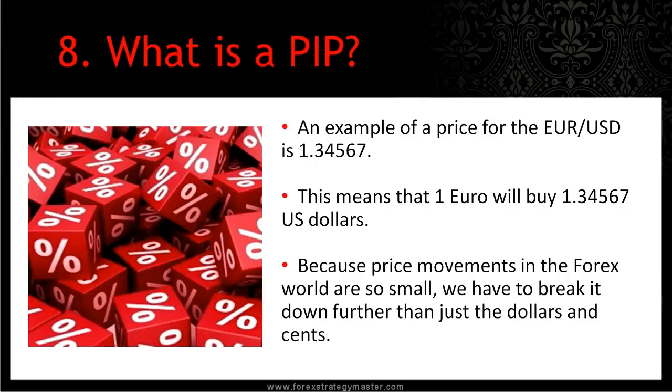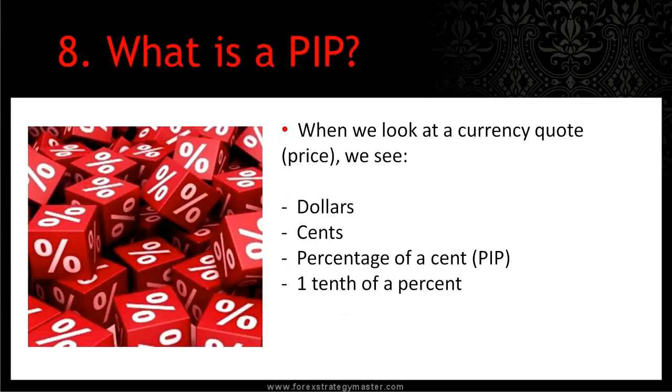Because price movements in the Forex world are so small, we have to break it down further than just the dollars and cents. When we look at a currency quote, what we see are dollars, cents, percentage of a cent, which is what the actual pip is, and then lately we're looking at 1/10 of a percent.